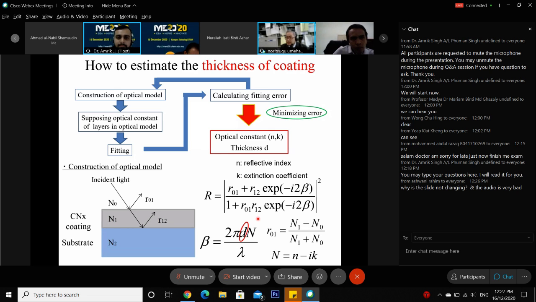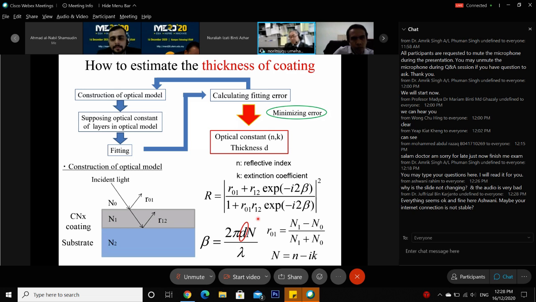At first we will check the tendency of the effect of the n value, k value, d value, like if n is increased, whether the solution will be stabilized or not. Yeah, that is also important.